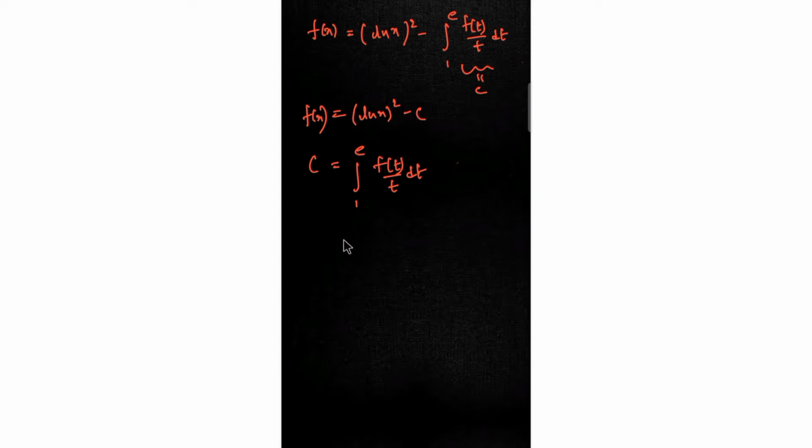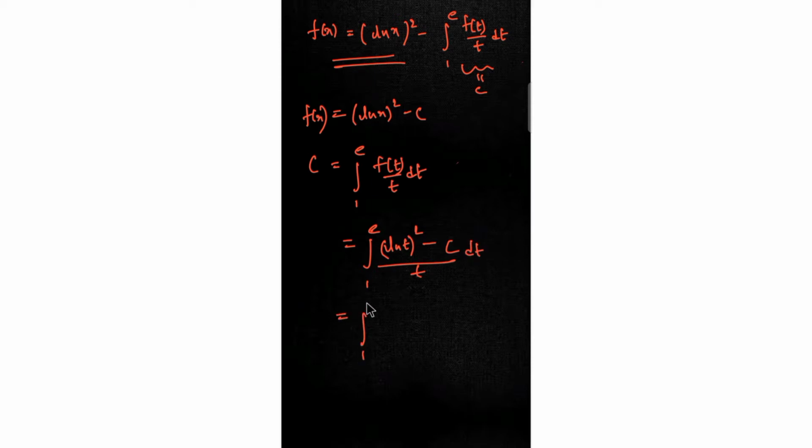Now, because we have f of x, instead of x put t and write the whole equation, because this is the function f. So it's the integral from 1 to e of f of t, so instead of x I'll put t: (ln t) whole square minus c, divided by t dt.